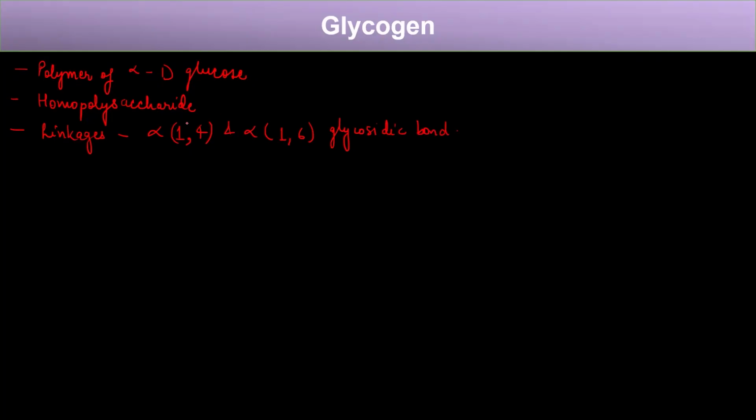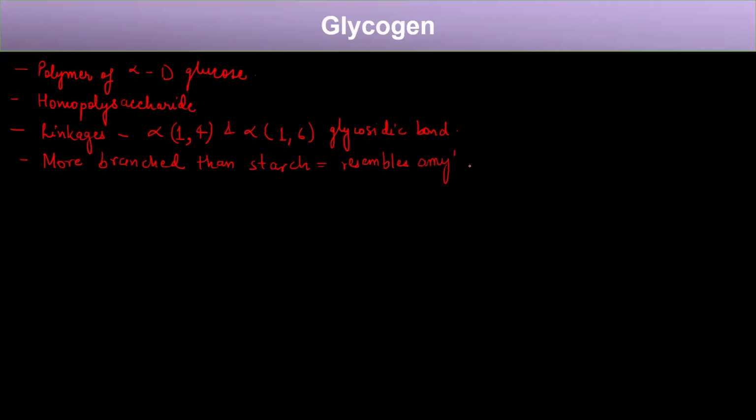Now, if you remember, the starch that we studied in the last class also consists of alpha D glucose as a monomeric unit, and it also has alpha 1,4 and alpha 1,6 glycosidic bonds. So what's the difference between the starch and glycogen? The first difference is that glycogen is more branched than starch, and because of this reason, it resembles amylopectin.